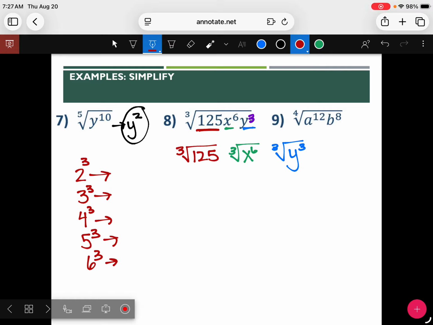See what you get. I don't know about the last one.